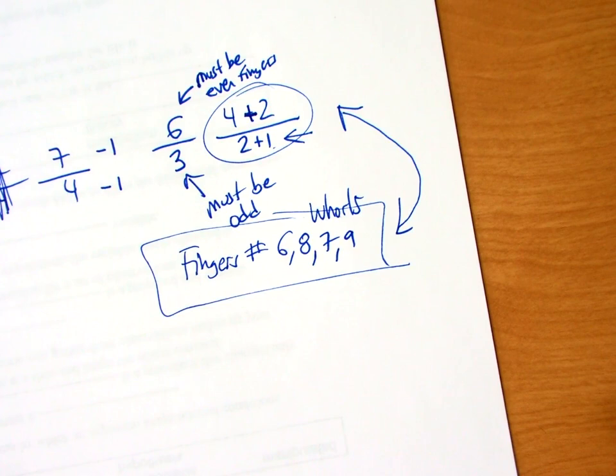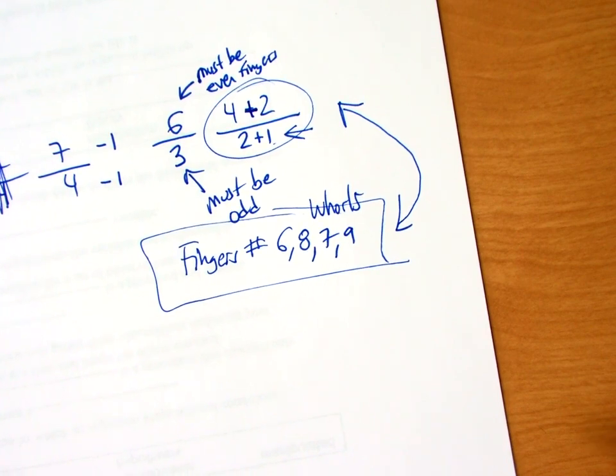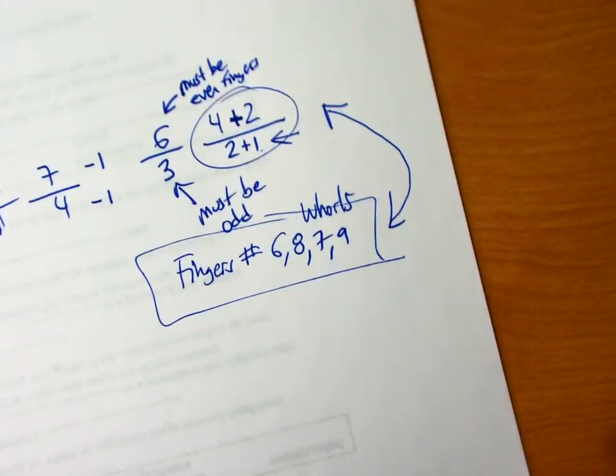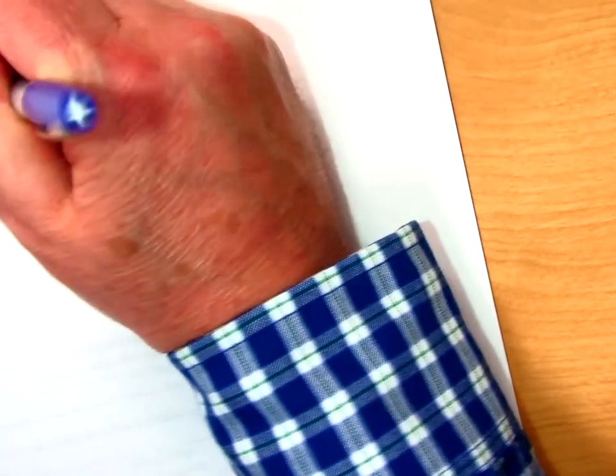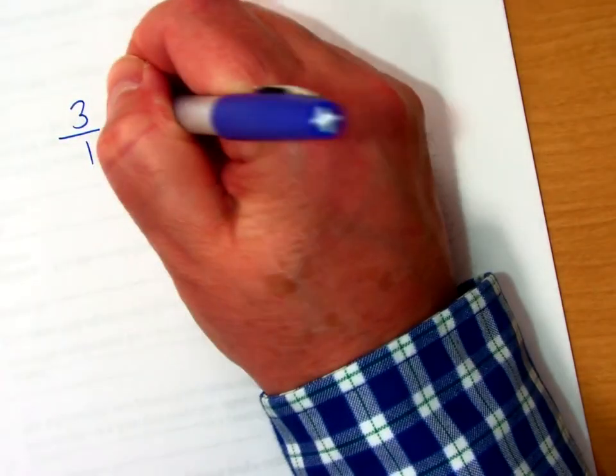So if you need more help with that, let me know. Or do you want to do one more? You can do one more, just in case. Let's pick 3 over 1.